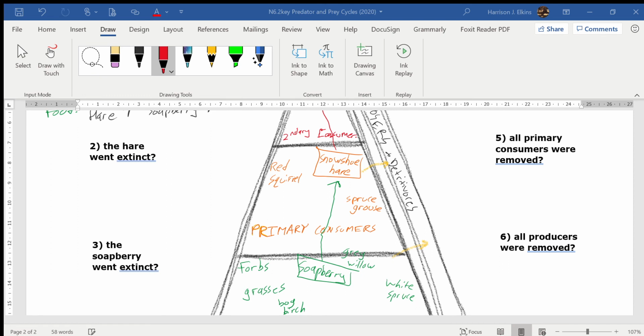It's eating the red squirrel. So the lynx will get energy from other things. But the lynx actually really likes the hare, and so if it doesn't get enough hares, the population will still decrease a little bit. So the lynx would switch to other prey.